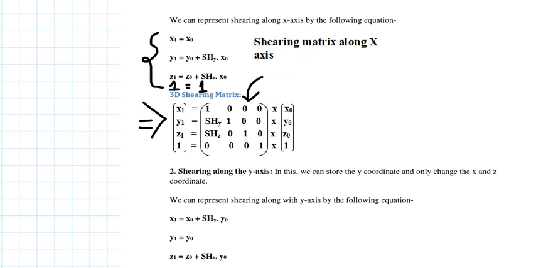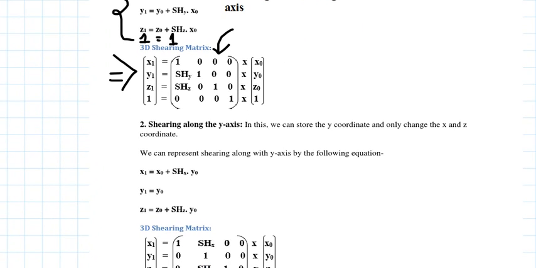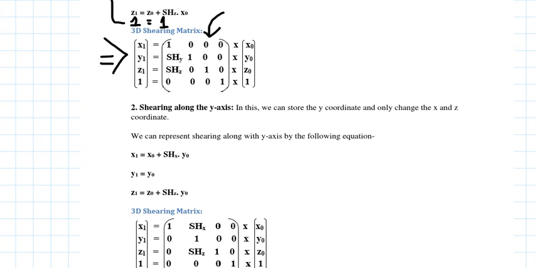Now let me look into shearing along y-axis. In this case, what will happen is there will be no change in y axis or y coordinate value. Changes will take place only in x and z coordinates.